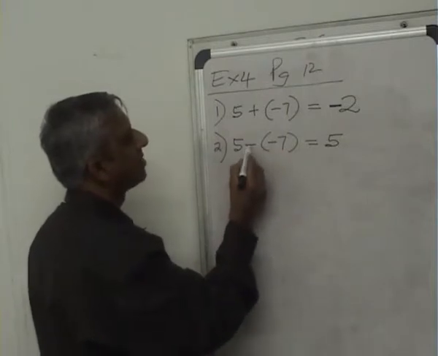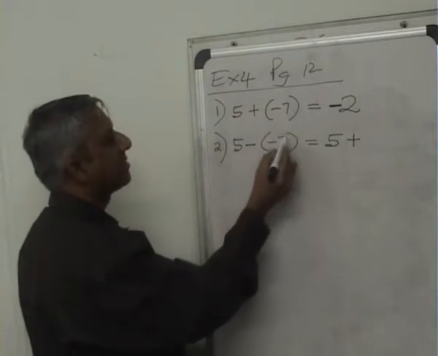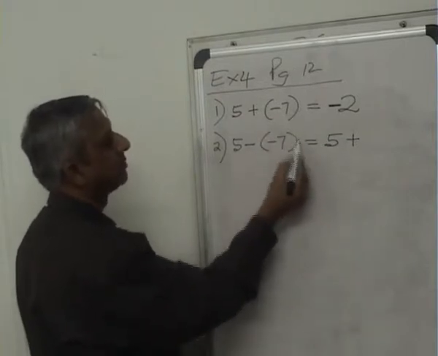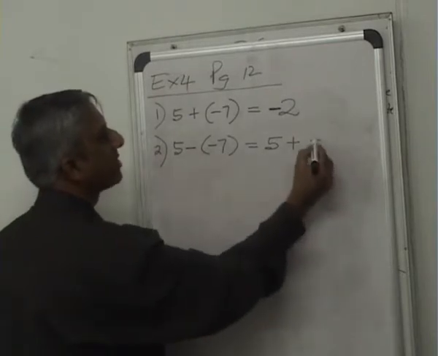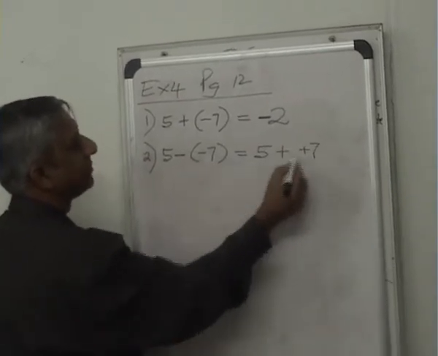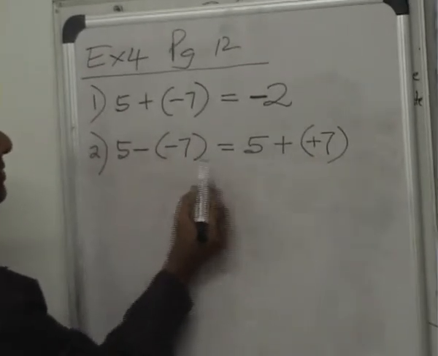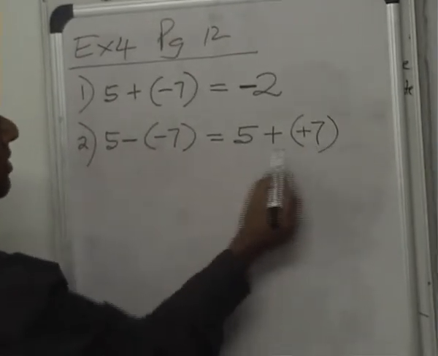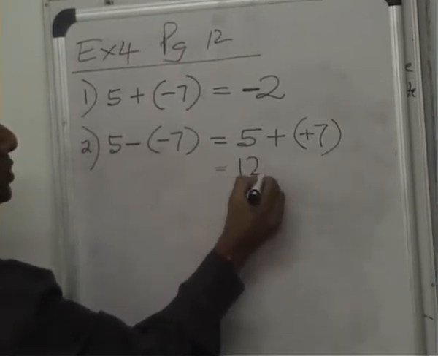Change the minus to a plus. And then take the second number and change it to its opposite sign. So it will become plus 7. So now this subtraction example has become an addition example, and we have 5 plus 7, which is 12.